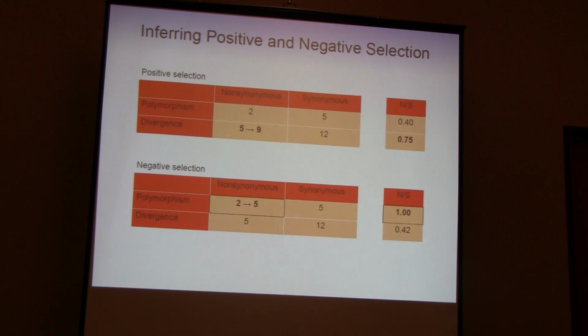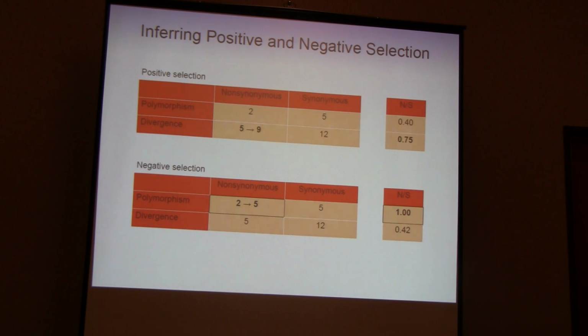Because adaptive substitutions occur quickly, they're not going to contribute much to non-synonymous polymorphism within species. So the end result is that positive selection is going to elevate the ratio of non-synonymous to synonymous variation between species compared to within species.